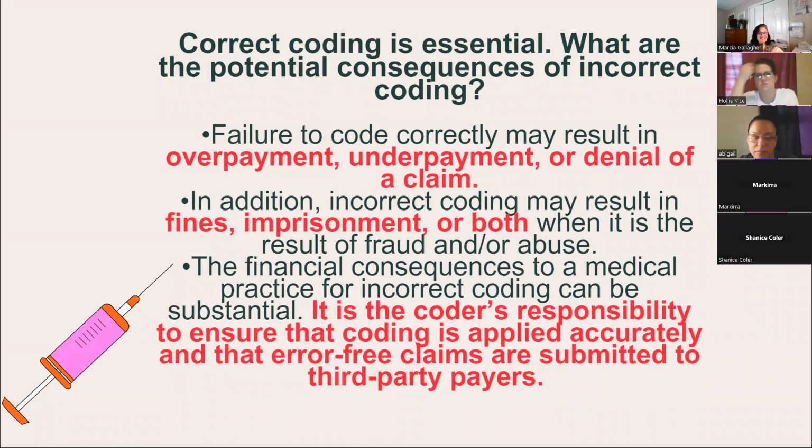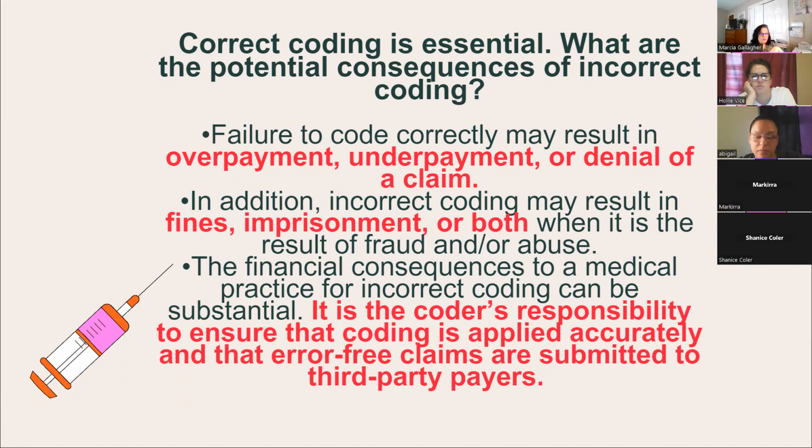Correct coding is essential. We're going to talk about the consequences if you're not coding correctly. Failure to code correctly could result in overpayment, underpayment, or denial of a claim. In addition, fines, imprisonment, or both.